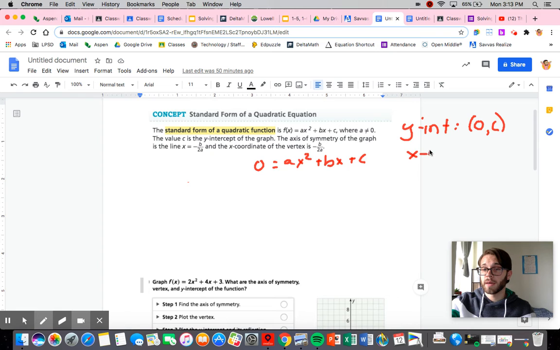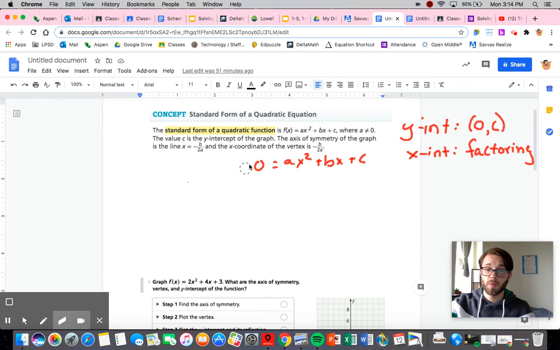So the x-intercepts are going to come from factoring, solving, using the quadratic formula, any of those. So that's one benefit to being in this form.